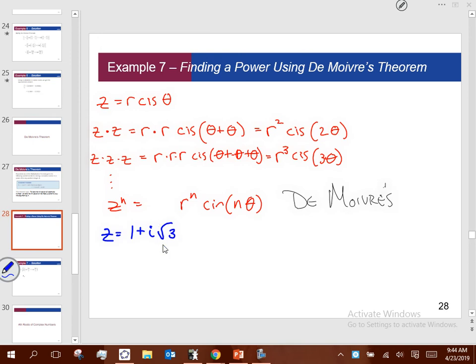Takes that complex number, and let's say I want you to find Z to the 10th power. Well, now, if I was doing this in rectangular, there are some techniques here that I think we can use in rectangular form that might expedite the multiplication. Is that the same thing? Is that Z to the 10th?